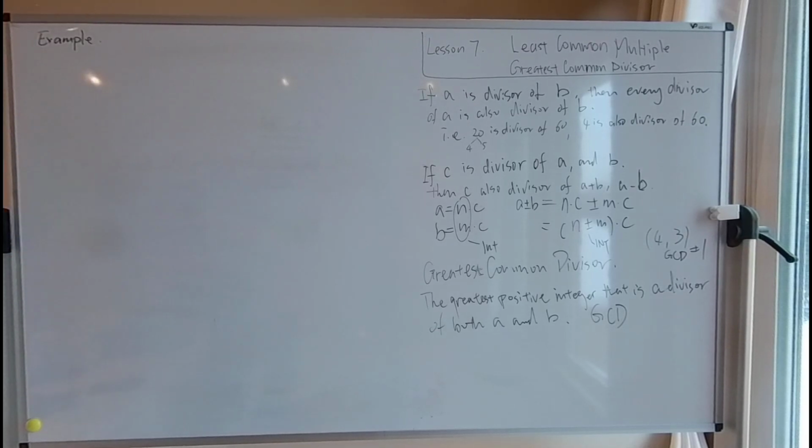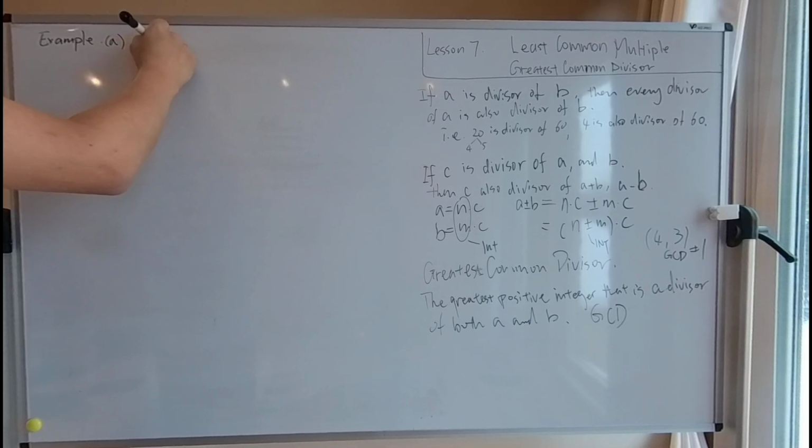Similar to how we found the methodology for the least common multiple, we also start with a couple of examples, and then we'll try to look for the pattern from the examples to see if we can summarize the methodology. The first example, we will simply come from the definition itself by listing all the possible divisors to see if we can find any pattern.